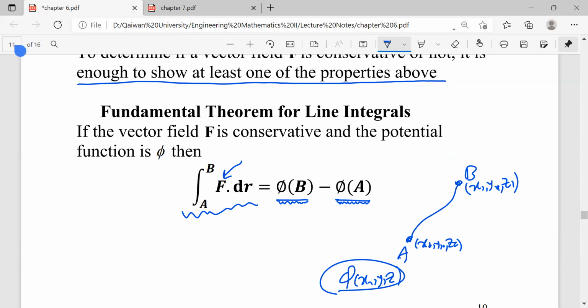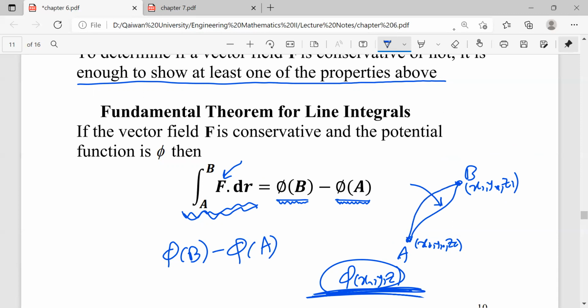If we have this curve, we find the potential function, and the result of the line integral over this curve is phi of B, the potential function at point B, minus phi of A. That's all.